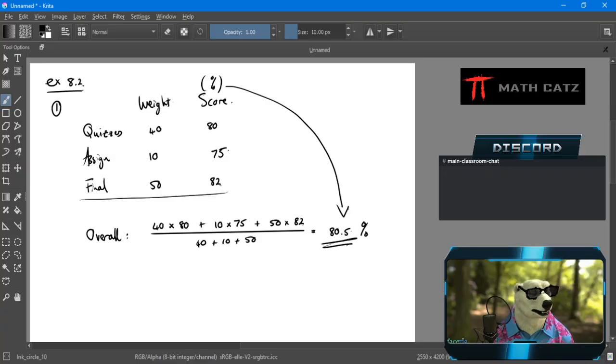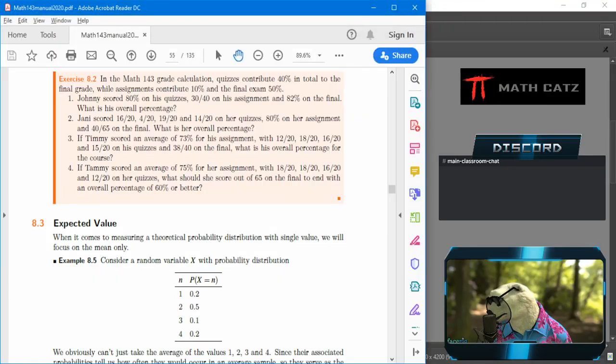Would a more complicated one be on the final? I don't know that level. By more complicated, I just mean that we have a target overall percentage, like number 4, for example. We have a target of 60%, and then we want to reverse calculate what the final exam score should be.